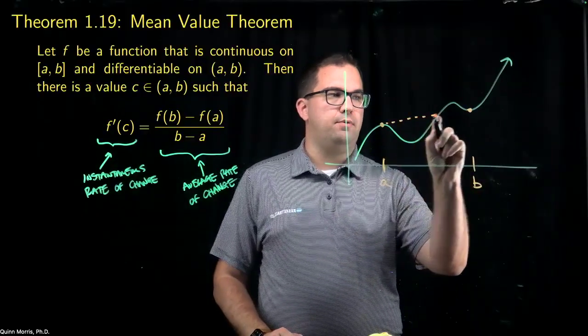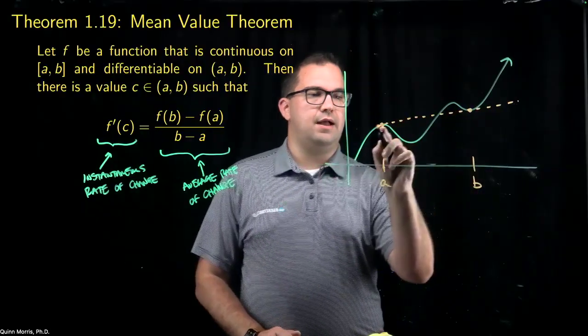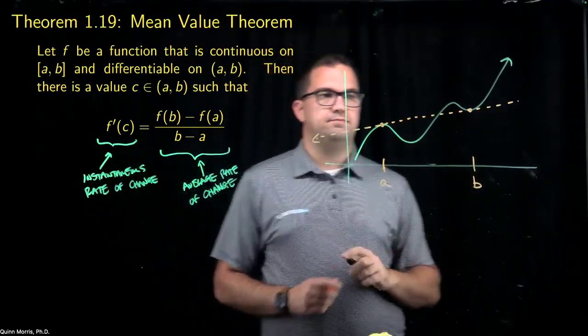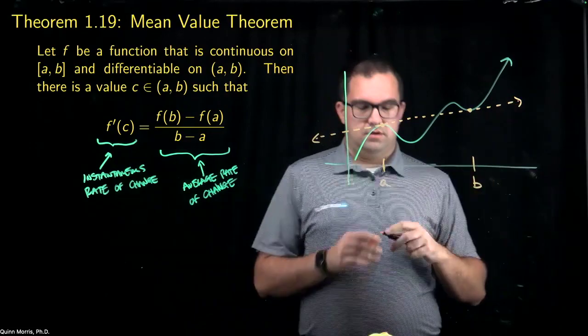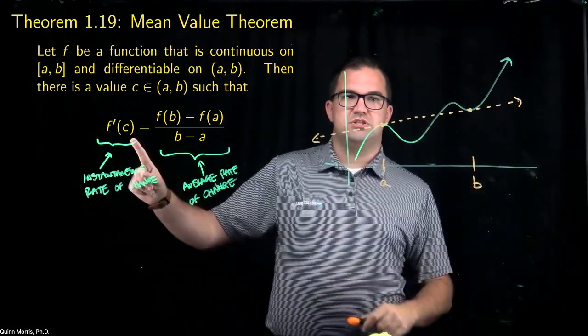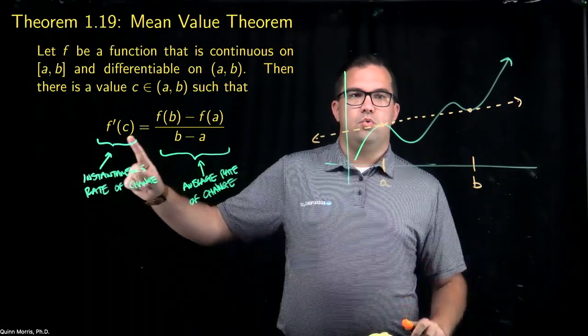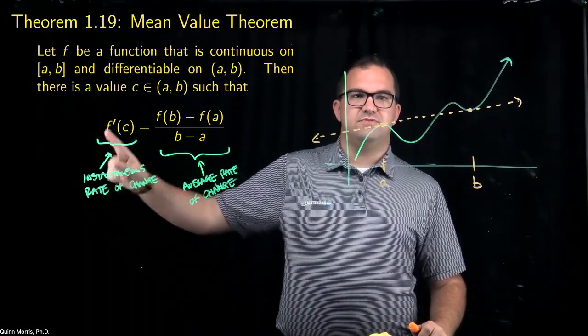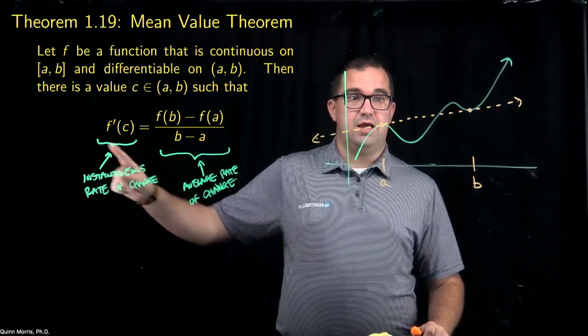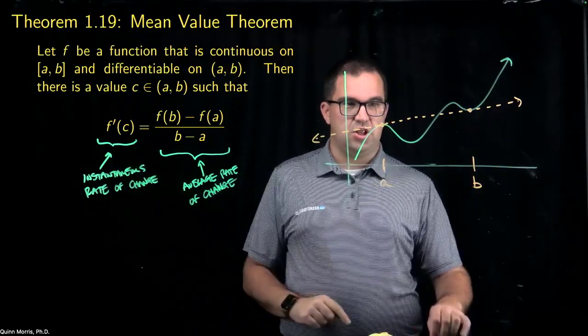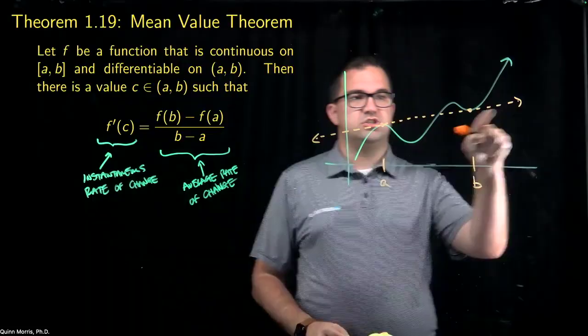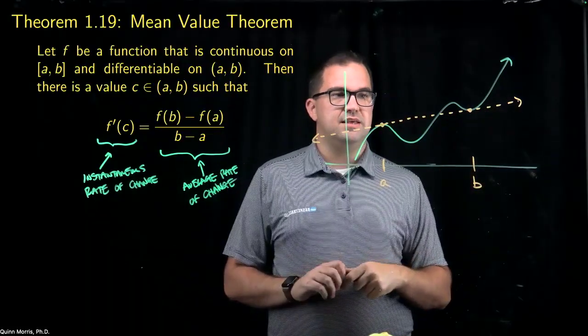So it's the slope of this line connecting these two points. And what it's saying is there's some point c in between a and b where f prime of c, well, that's the slope of the tangent line. So there's some point c where the slope of the tangent line is equal to the slope of this line.